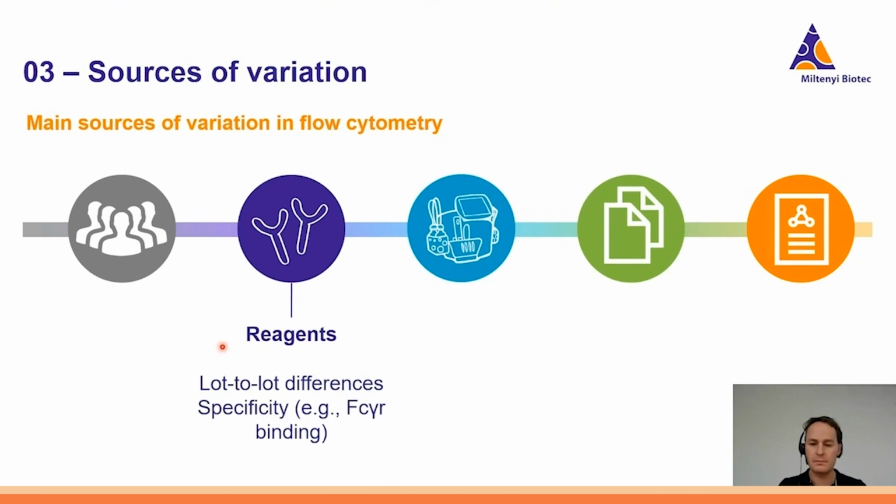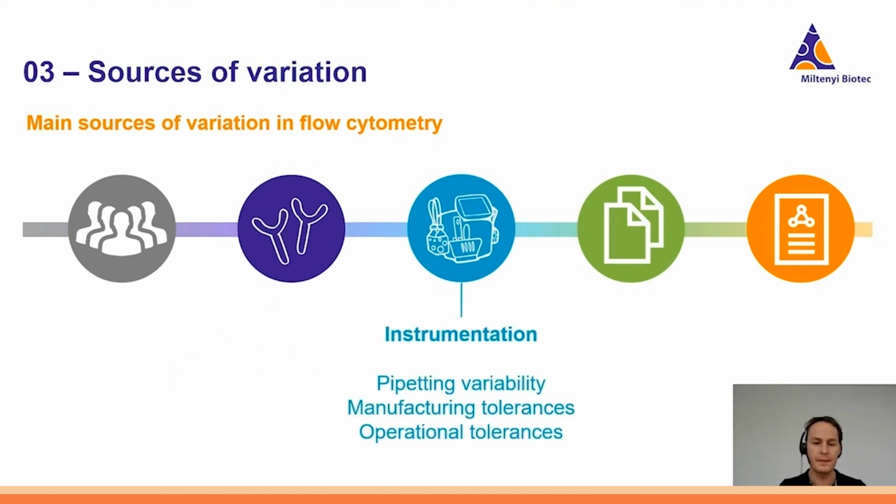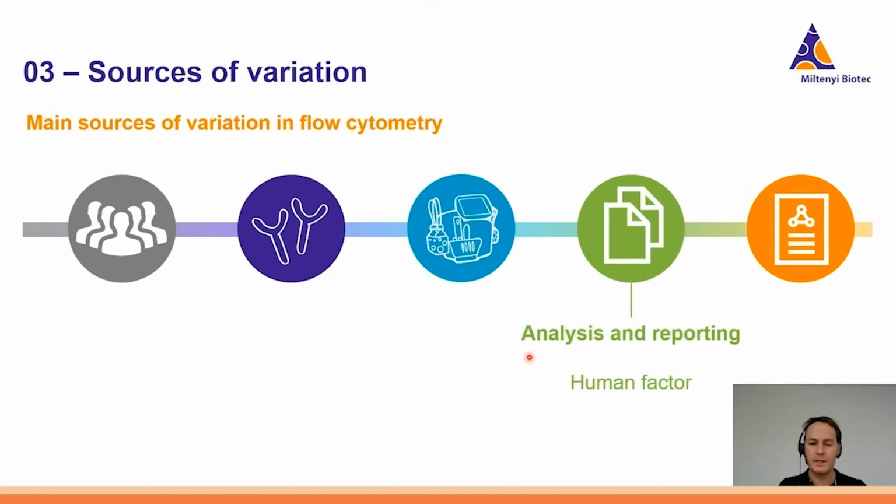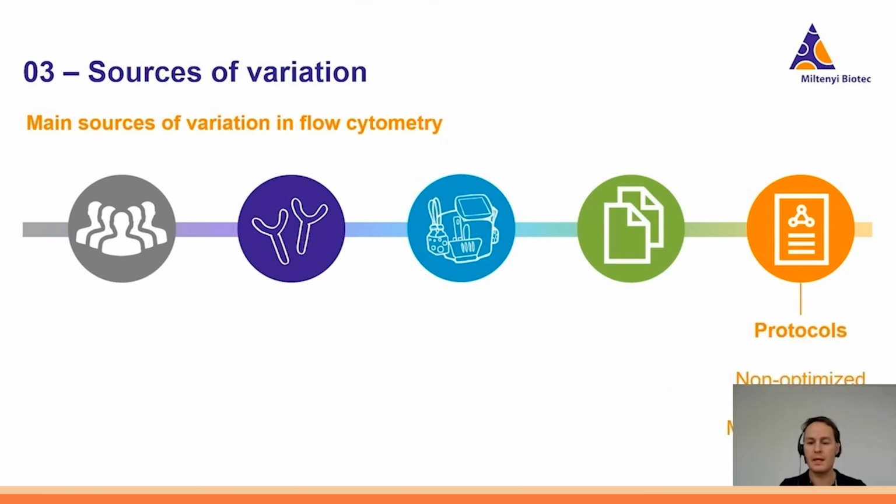That is, of course, reagents, where you would like to reduce lot-to-lot differences and have high specificity. Of course, with instrumentation, you can make sure that you have low variability. Then with the actual data analysis and reporting, by trying to take out the human factor as much as possible. And in the end, of course, overarching, by having the best protocols you can have.